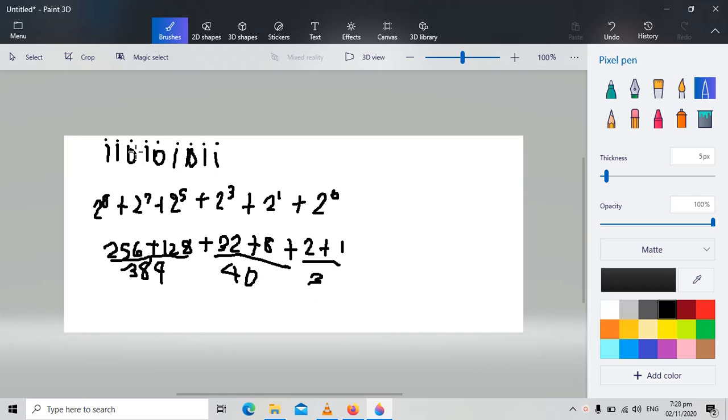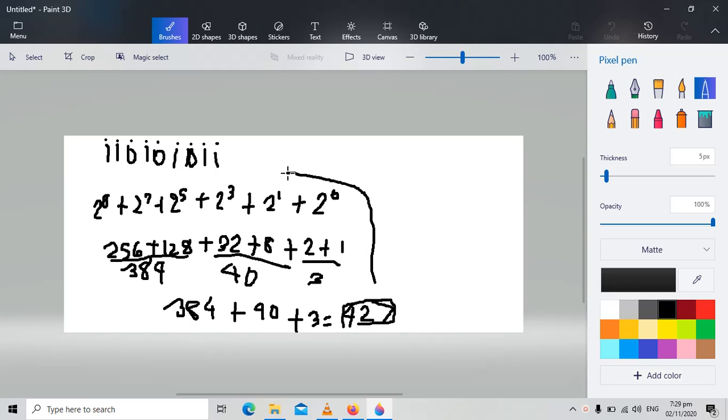Now let's try adding them together. 384 plus 40 plus 3 equals 427. So that is the decimal number of the binary number right here.